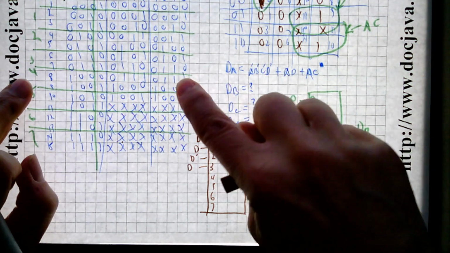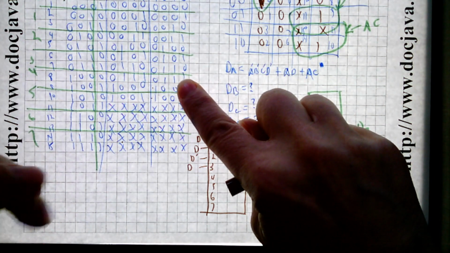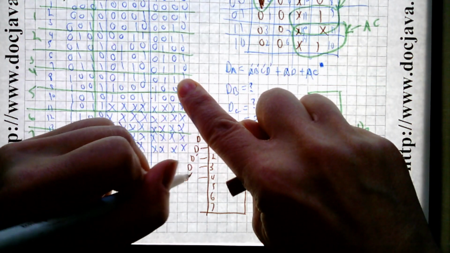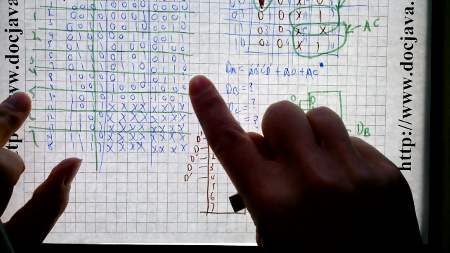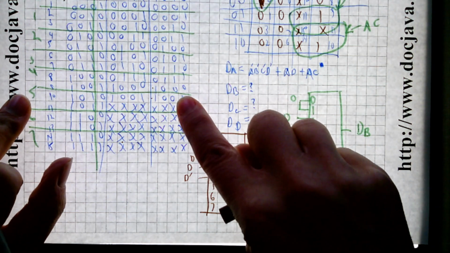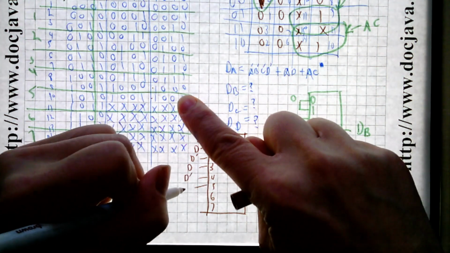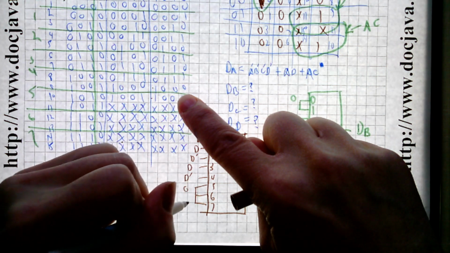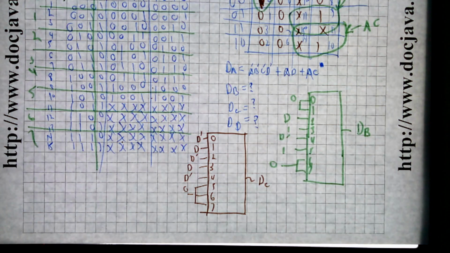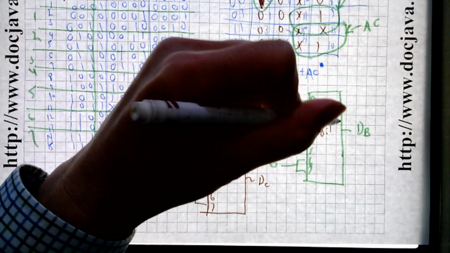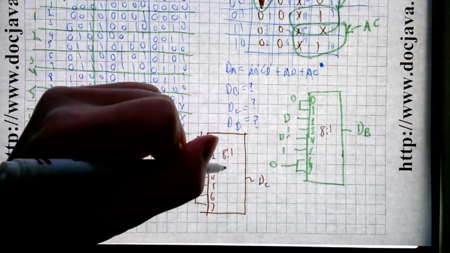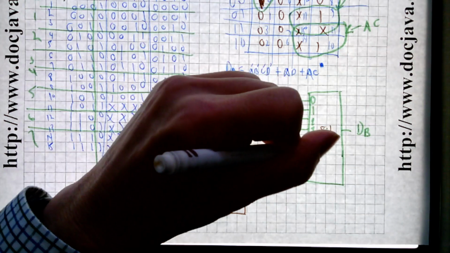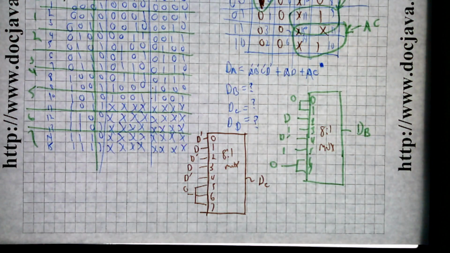Number 4, d sub c is equal to d prime. Kind of nice and symmetric, that is. Number 5 is going to be 0, and 6 and 7 will all be 0. And there's d sub c. This is all done with an 8-to-1 mux. No K-maps.